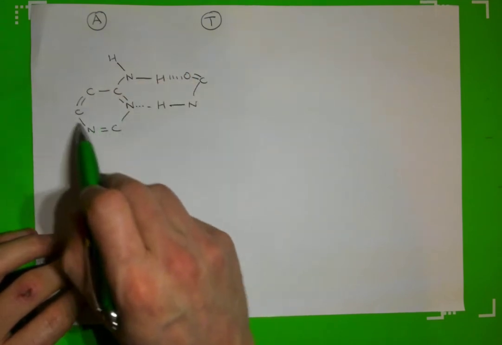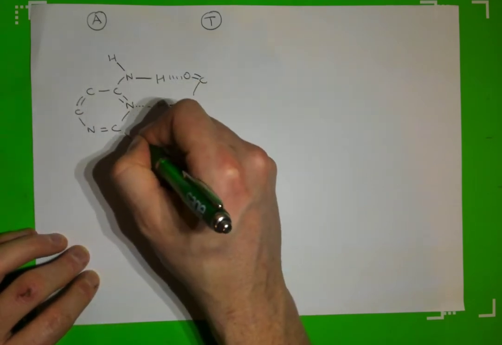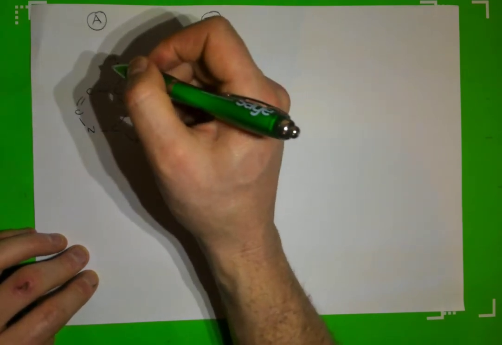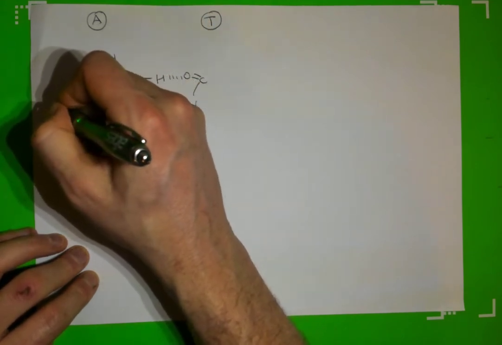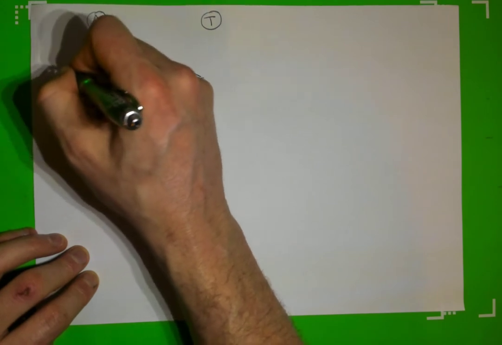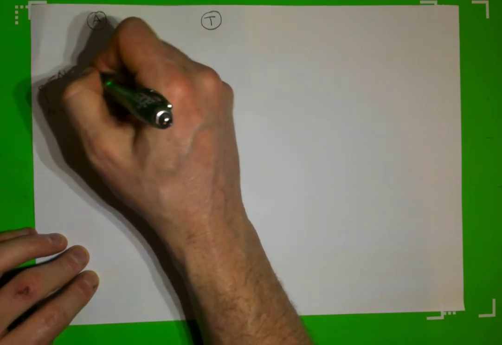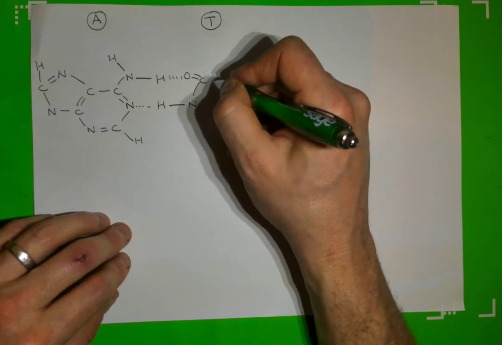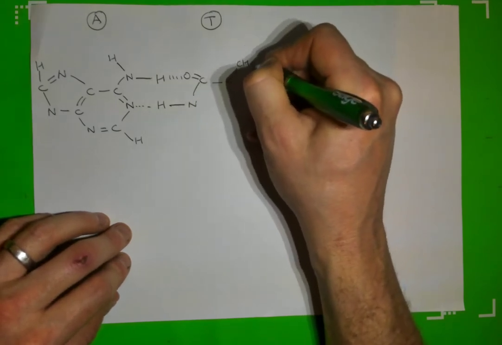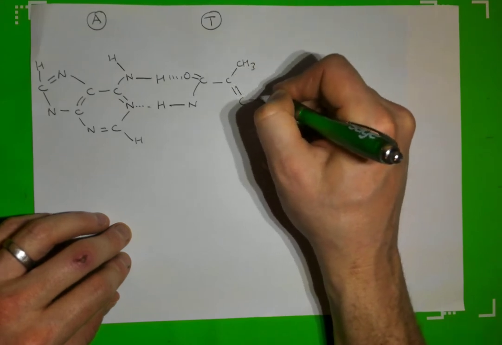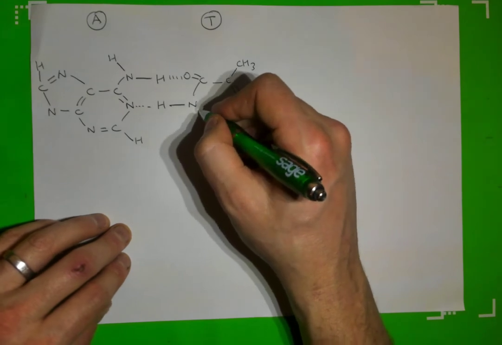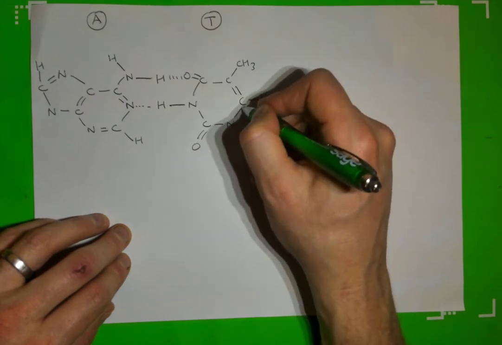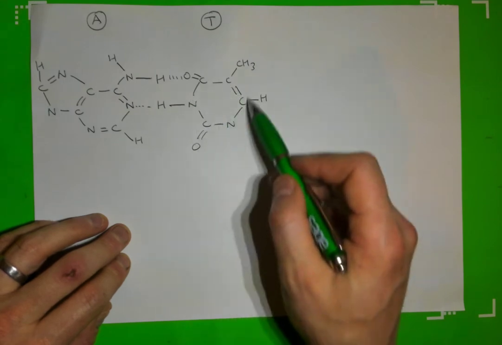You can see already the familiar hexagon shape of the base. And again, the familiar hexagon shape of the base here.